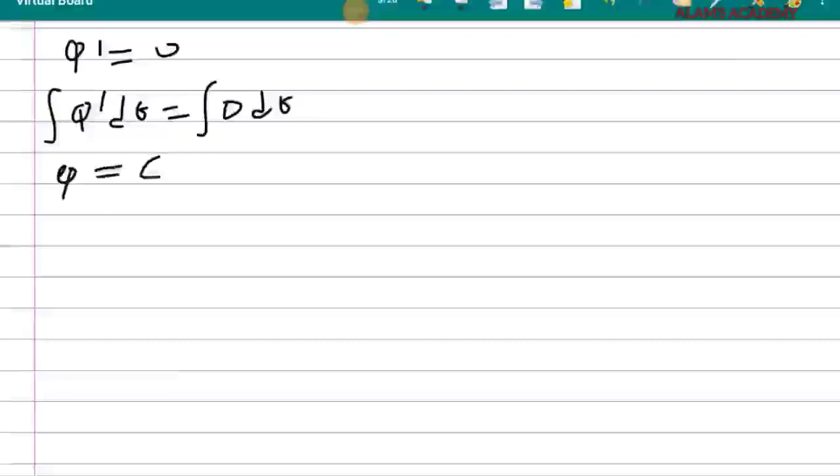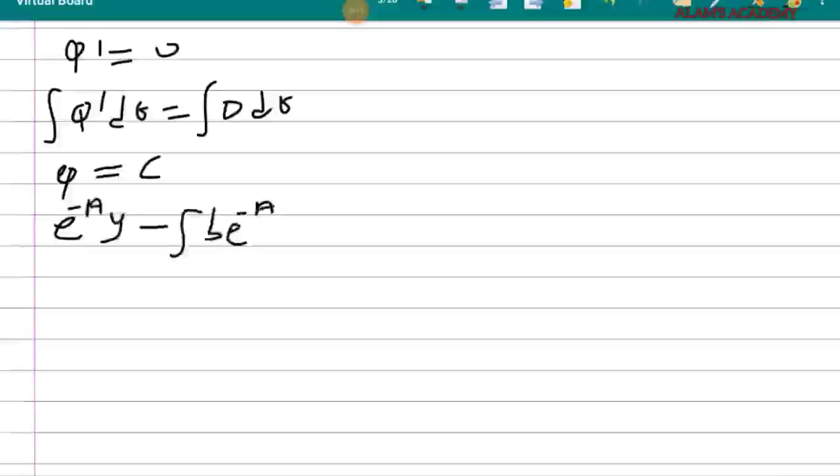We come back and substitute the potential function inside, which is e^(-at) y minus the integral of b e^(-at) dt is equal to c.